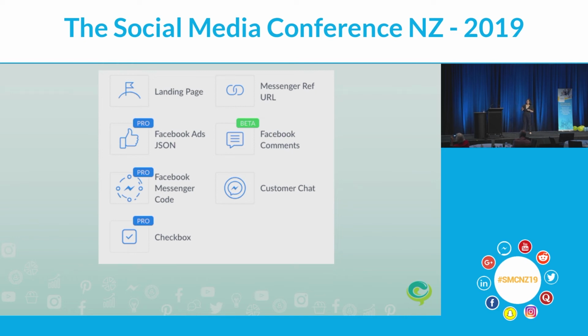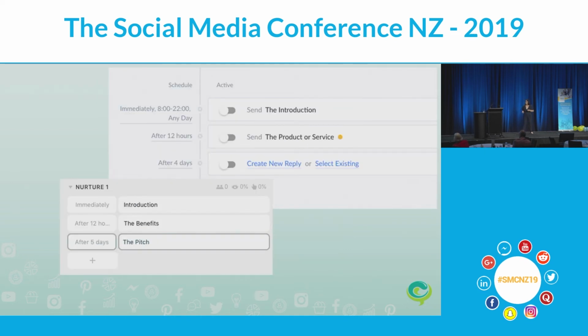Comments could be engagement. Customer chat, customer service, loyalty, and so on and so forth. These are the features that you can use as a start, and this is a ManyChat thing. You can also create your funnels or your nurture programs in your chatbot as well. You can have all these funnels and nurtures during your customer journey, moving them from awareness onwards to advocacy. So you can use that.